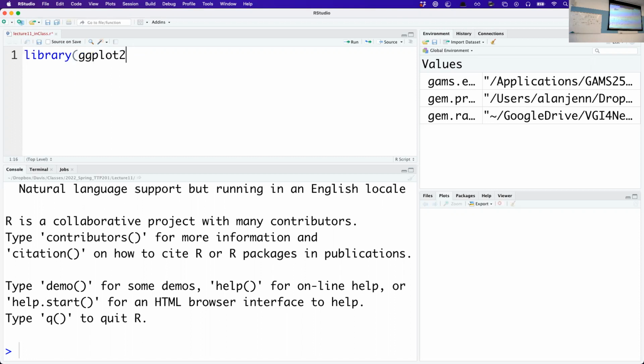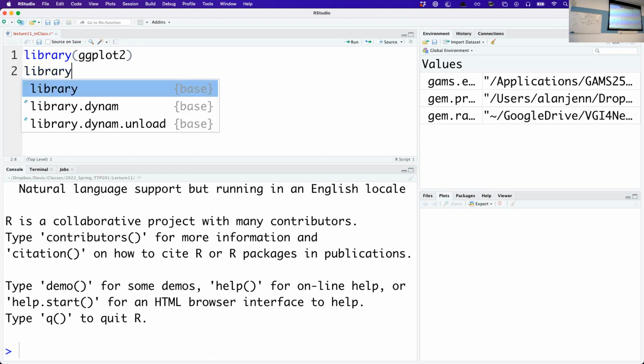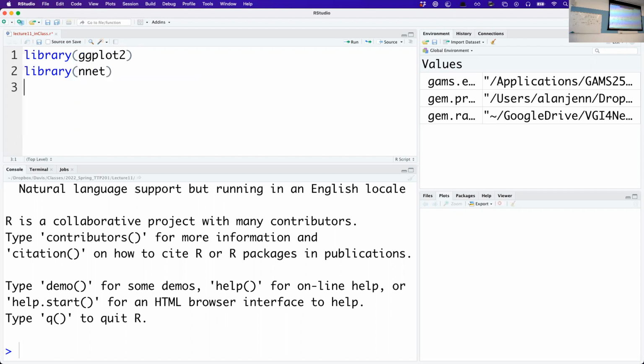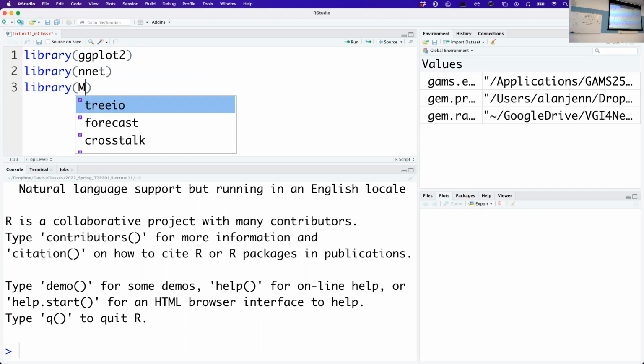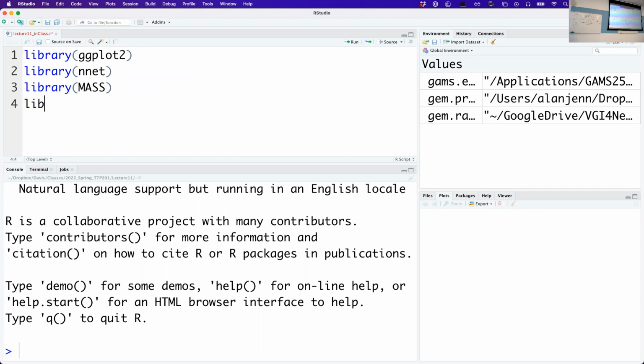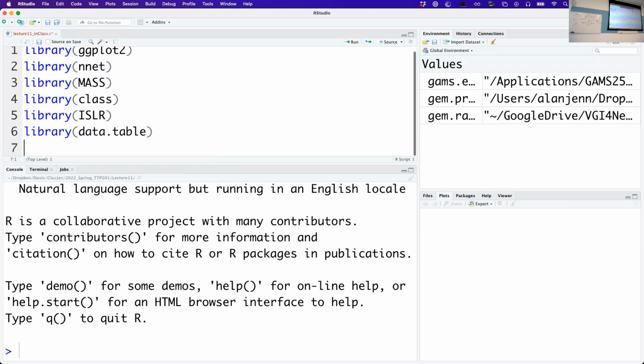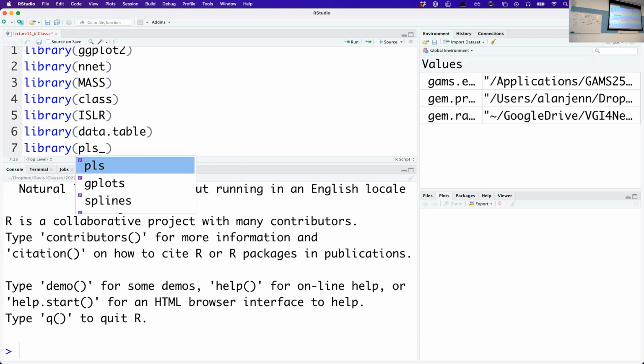And let me load in a couple libraries. I'm not sure if all of these are actually needed. I should double check that, but that's what I have here.